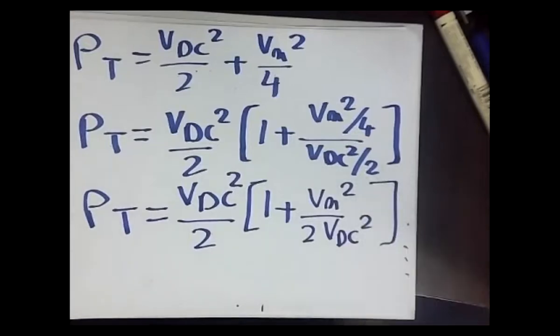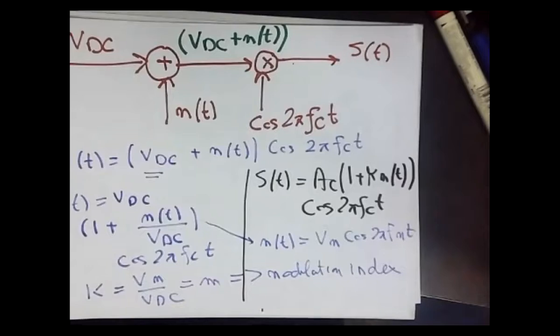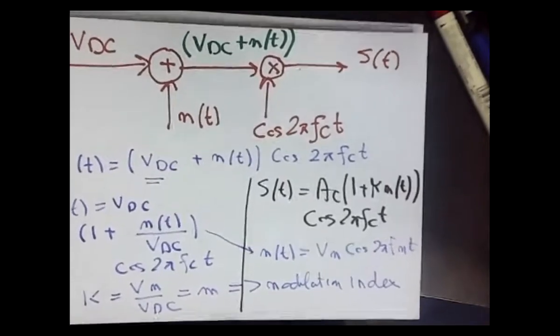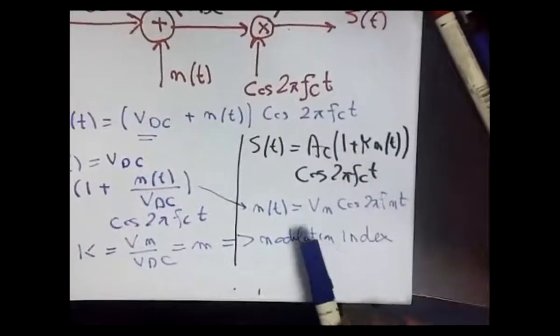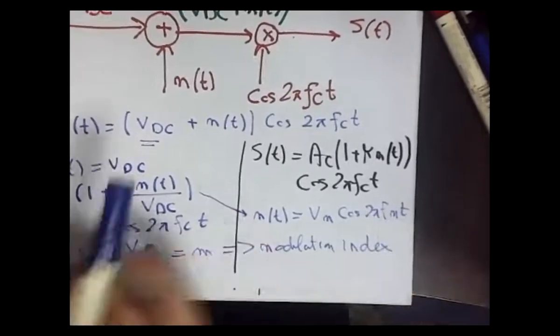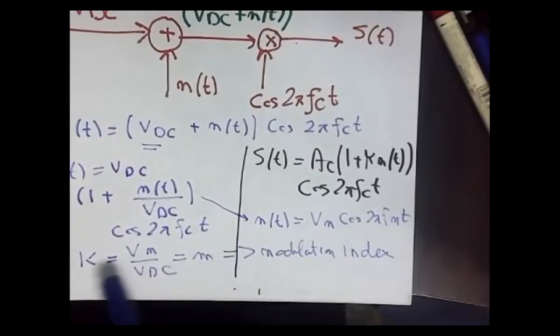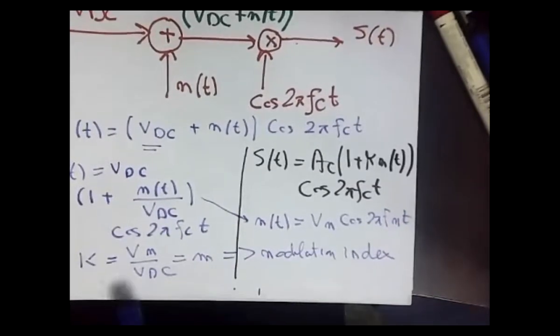Okay. Do you remember VM over VDC? Do you remember this? Okay, let me return back to my first slide today. Here, in this slide, he told you, if you consider the message is M of T and the carrier is cosine 2 pi FCT, then VM over VDC is simply M or K, the modulation index.